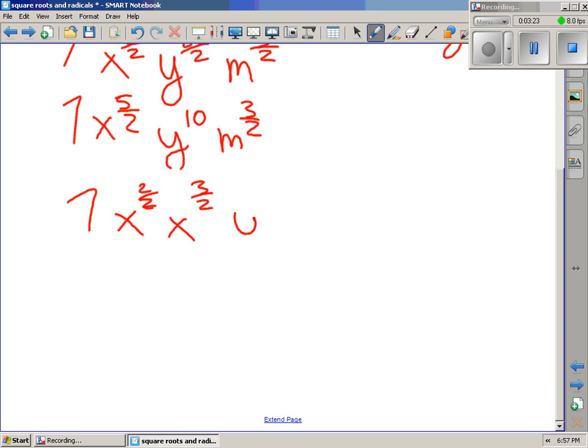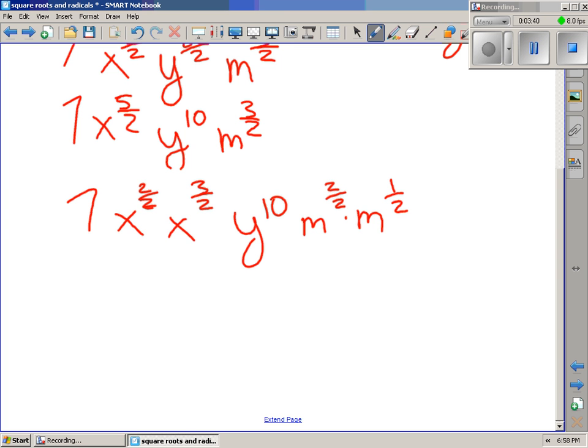I could write this as y to the 10th. I could write this as m to the power of 2/2 multiplied by m to the power of 1/2.